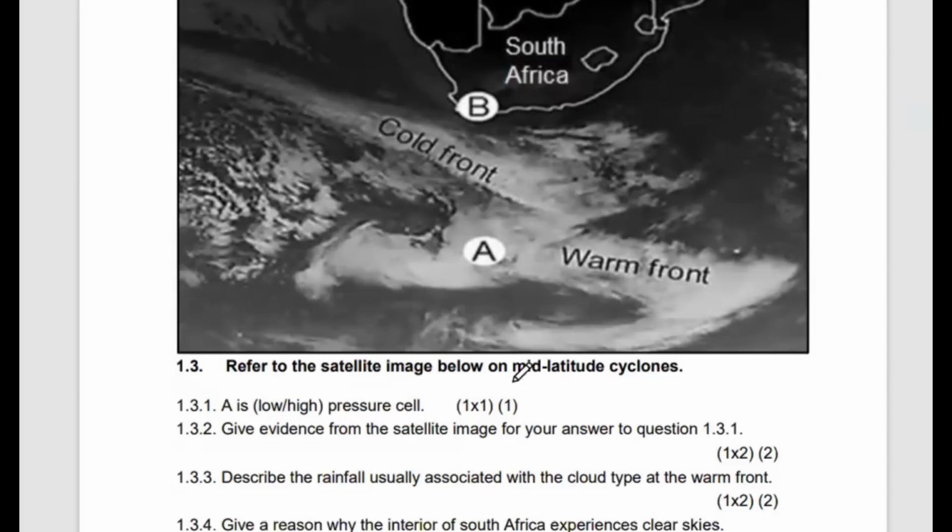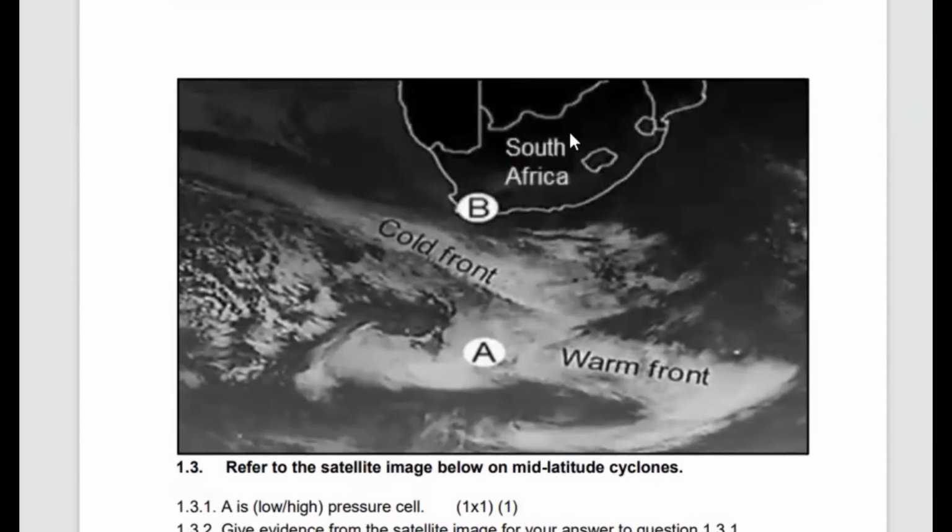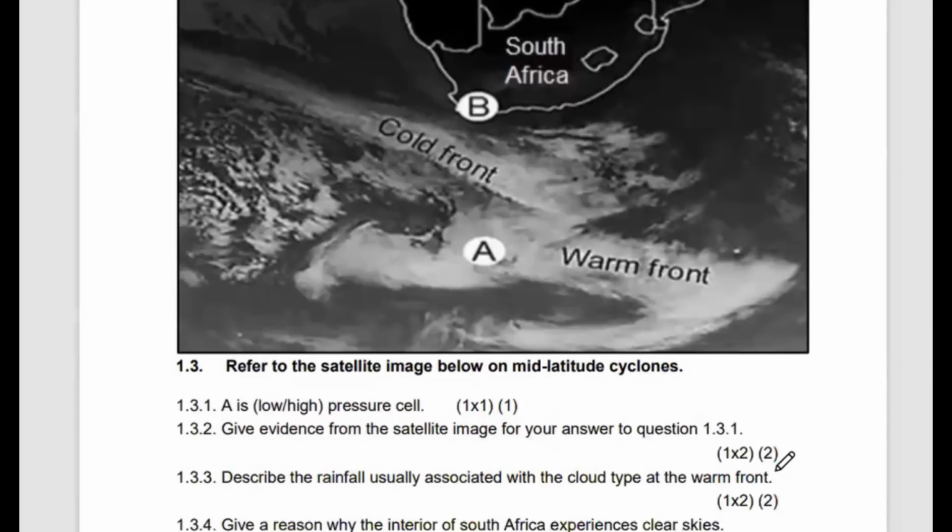Right. The first question is saying, let's analyze this. We are seeing this is a typical satellite image. There's a warm front here and a cold front here. Automatically, they are meeting here around A, where there is intense low pressure, and we are seeing South Africa here. Right. So we want to try to analyze the weather system.